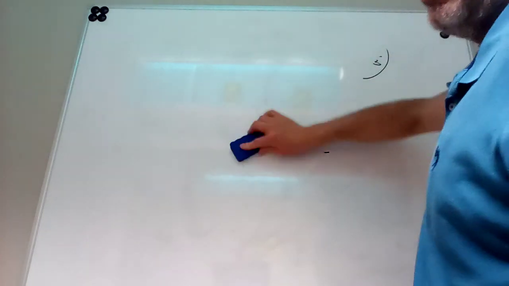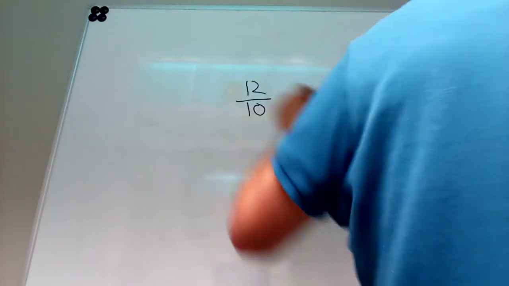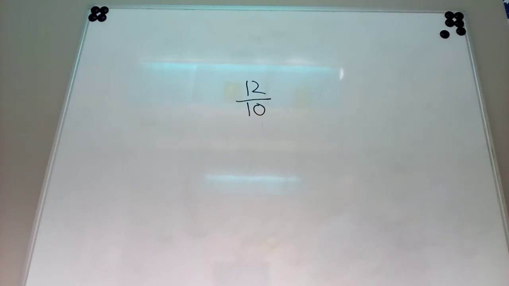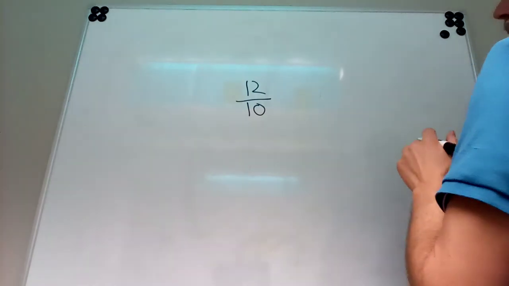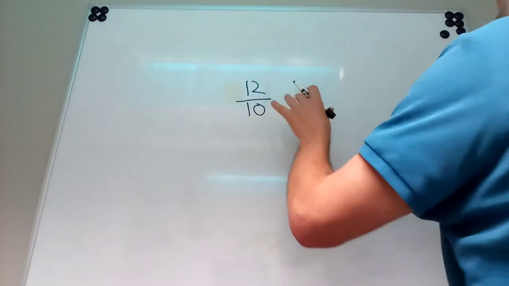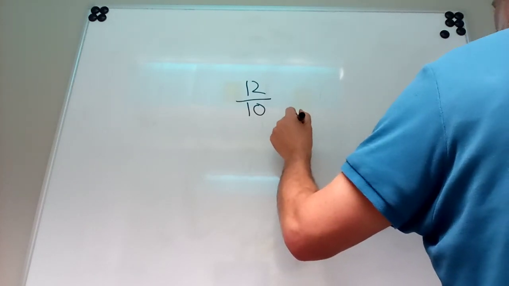One more exercise and then we'll move on here. Let's try 12 over 10. So we have 12 over 10. You could reduce that first, but I think it's best just to go ahead and change it to proper form and then worry about reducing it.